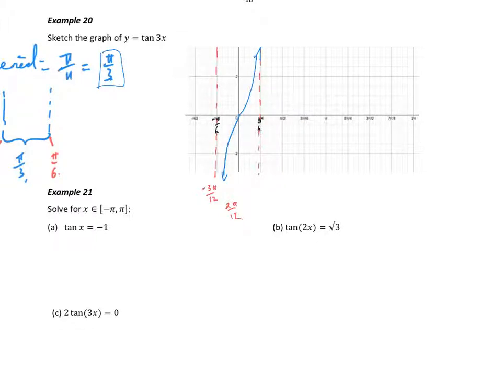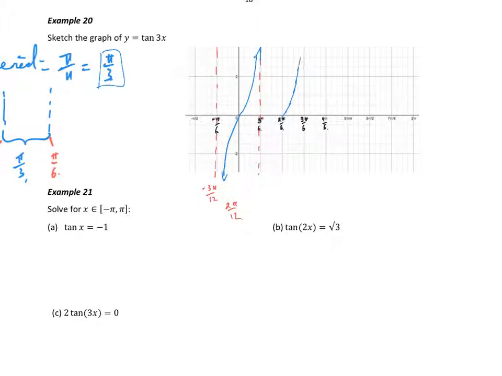So if that's pi on 6, we'll call it 2 pi on 6, 3 pi on 6, 4 pi on 6, etc. So 1 pi on 6, 2 pi on 6 is there.